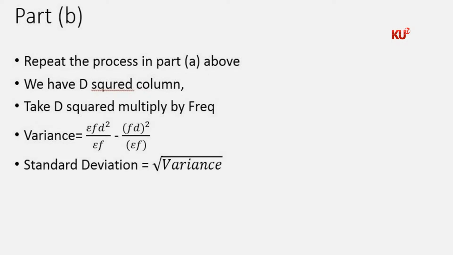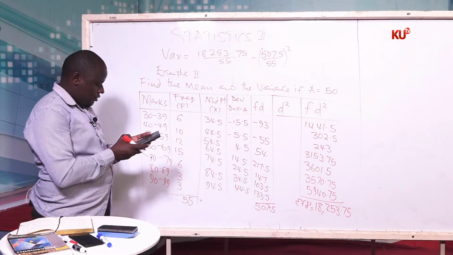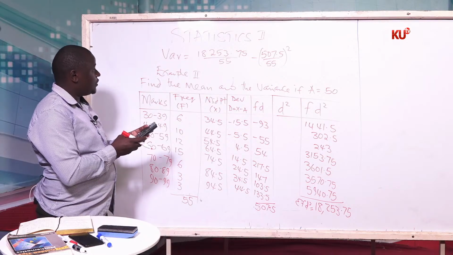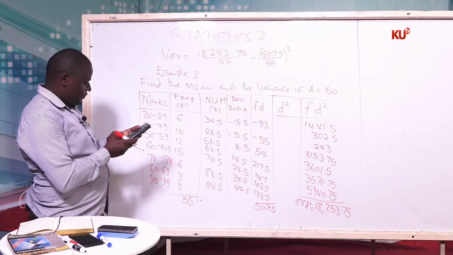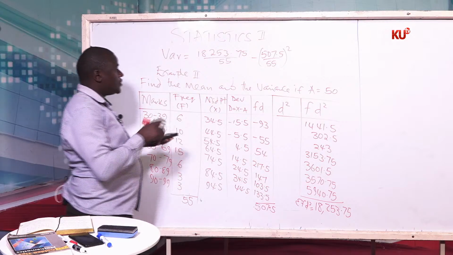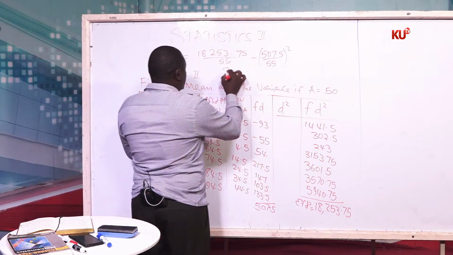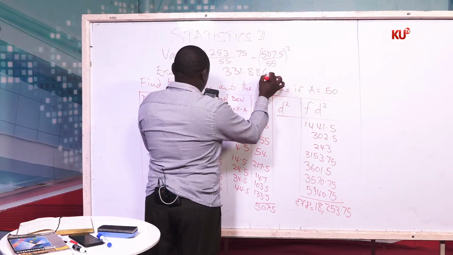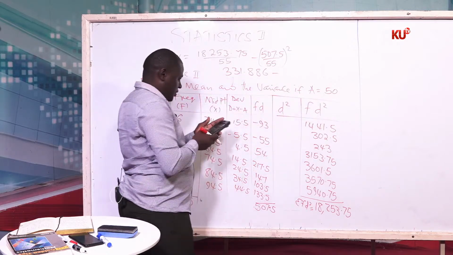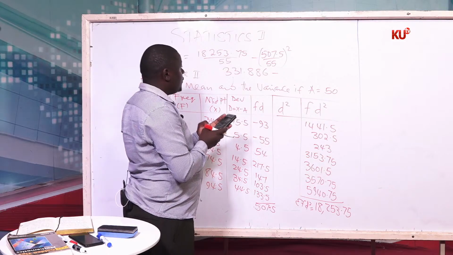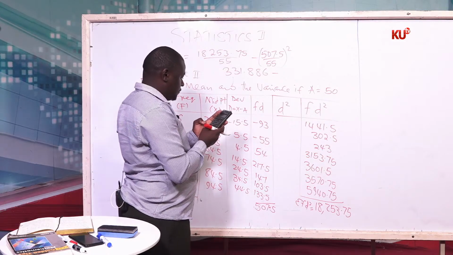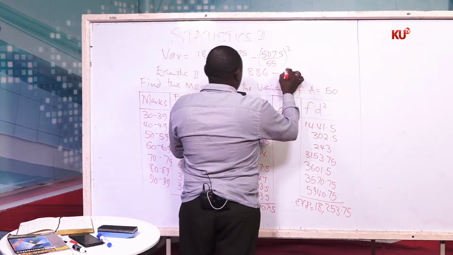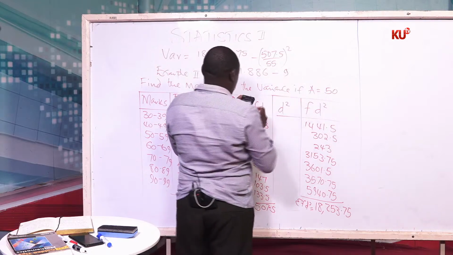Once you work this out, take your calculator. 18,253.75 divided by 55 gives you 331.886, minus 507.5 divided by 55, which gives you 9 point something, and you square that.